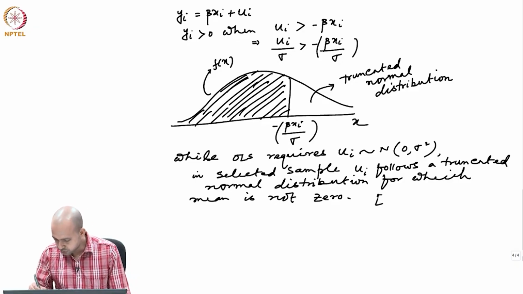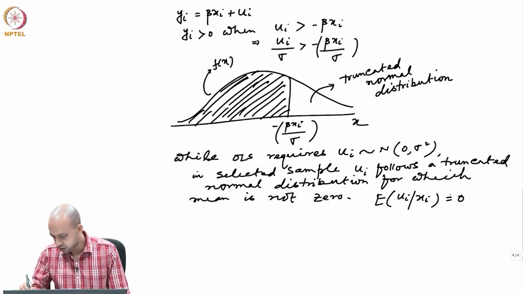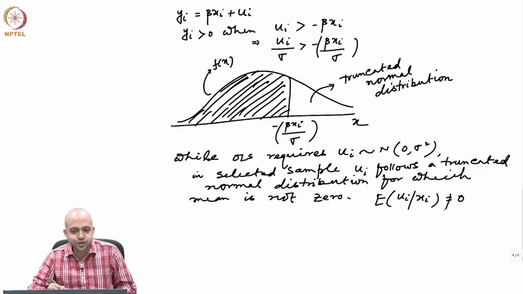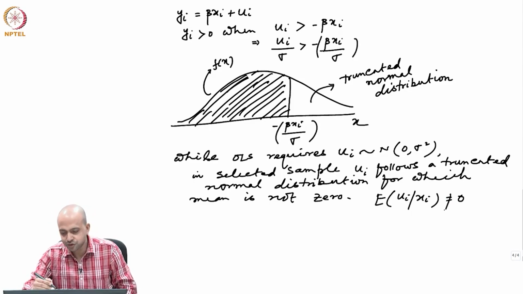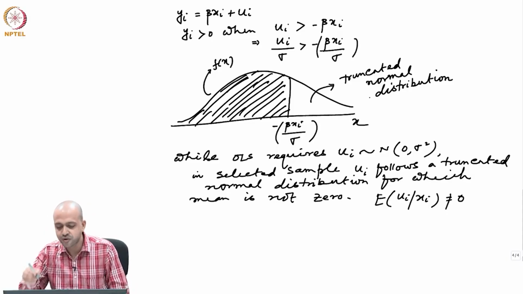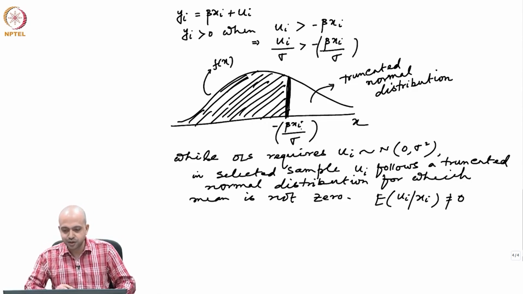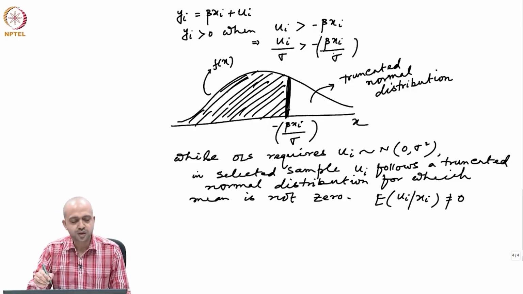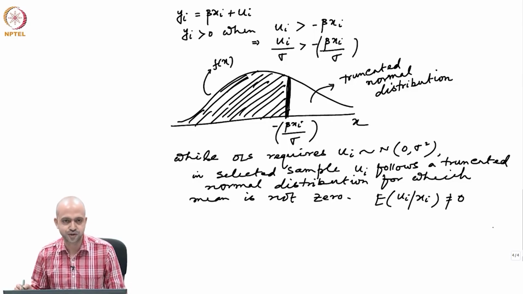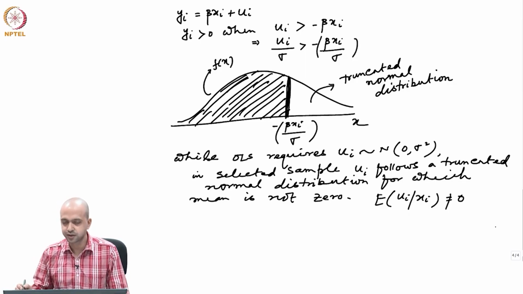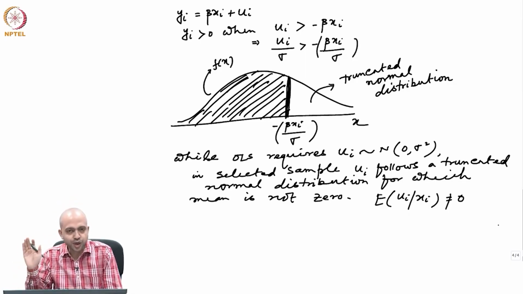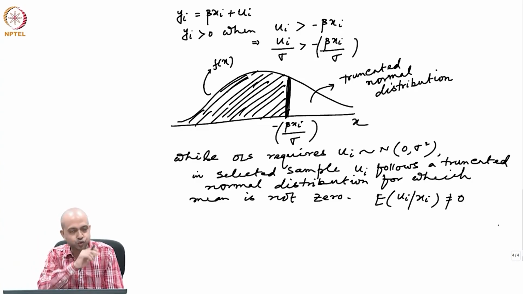So, expectation of ui given xi, which we said is 0, is here not equal to 0. Mean is not equal to 0 because I am not considering the entire sample, I am considering only this part. Where the truncation is happening? Truncation is happening here at minus beta xi by sigma. Why am I dividing with sigma? Just to ensure that this follows a standard normal distribution, nothing else.